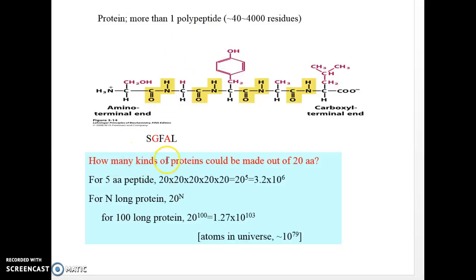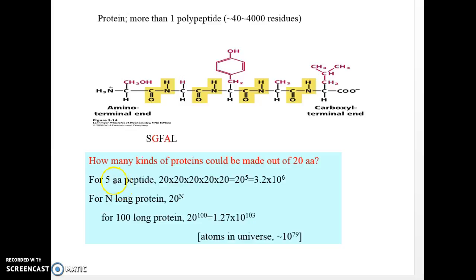So how many kinds of proteins could be made out of 20 different amino acids? Given that proteins just could be different for their residue sequences, we could calculate by simple way.